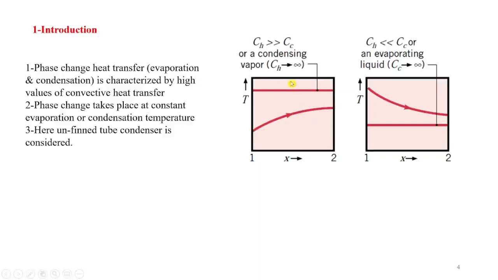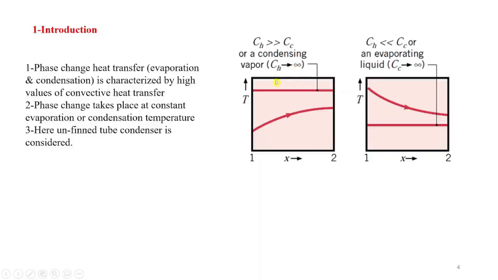So for a condenser heat exchanger, C min divided by C max is 0, since C_H, the hot fluid, goes to infinity, and C min for this fluid, which goes from this temperature to this temperature, is C minimum, so C minimum divided by infinity is 0.